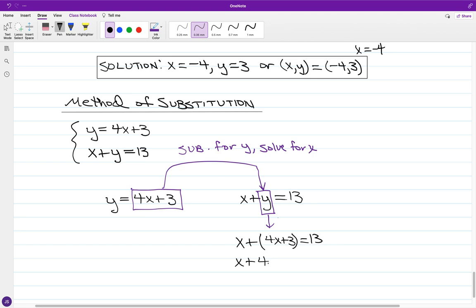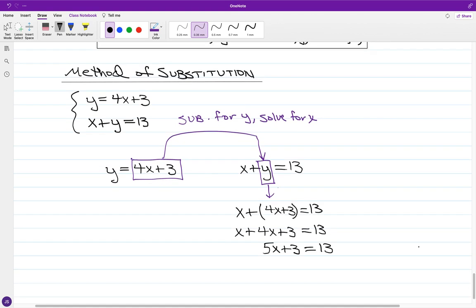Okay, so upon adding together, x plus 4x is going to make 5x. So you have 5x plus 3 is equal to 13.